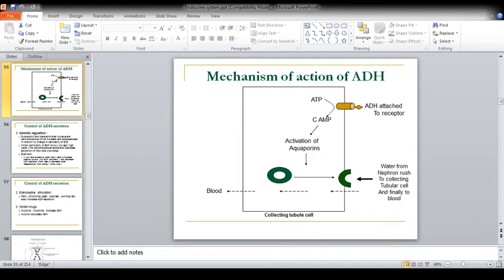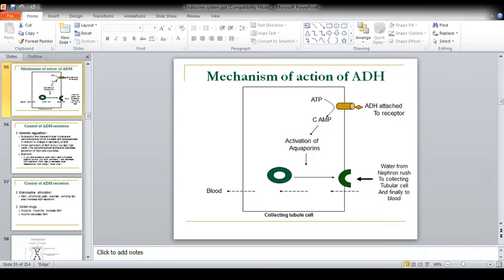So how is the ADH controlled? There are two conditions in which ADH is released in either low quantities or high quantities. I'll teach you these conditions when we study pathology, but right now you just need to know their names.